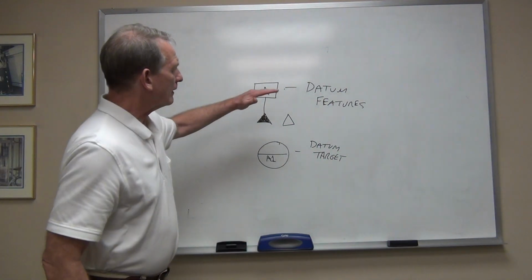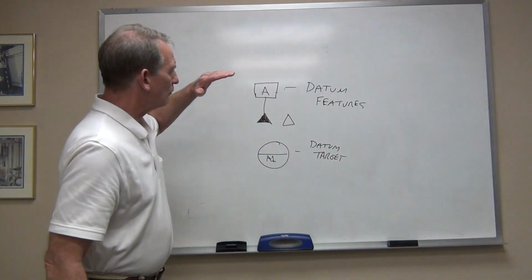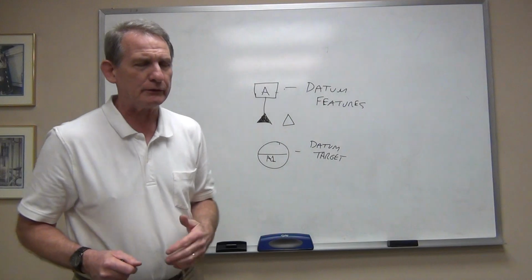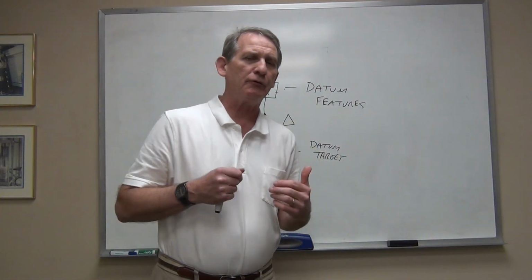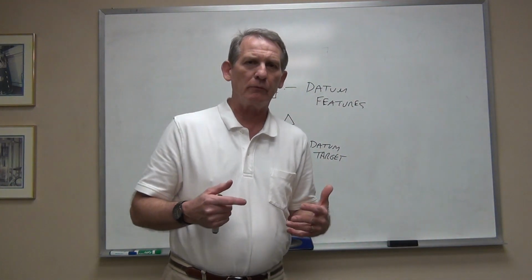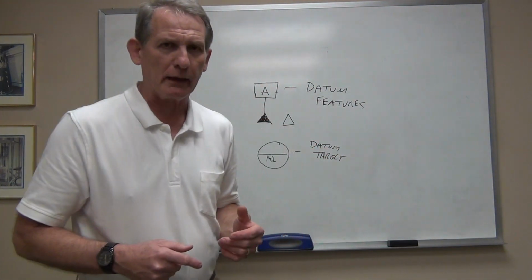So just recognize the datum feature, recognize the datum target, recognize that datum features are actual features that are part of the component and have some function to do with that component.